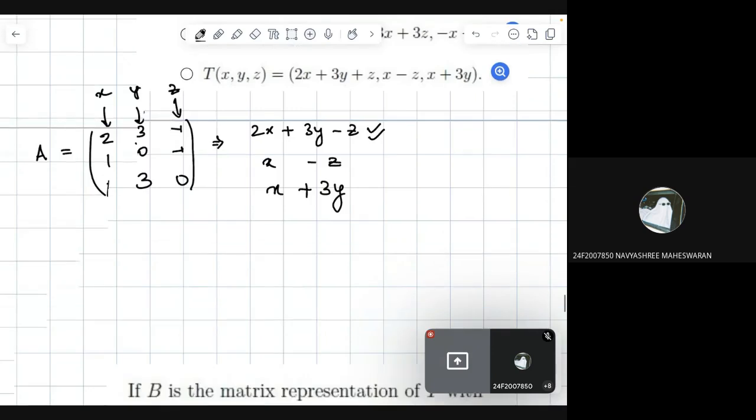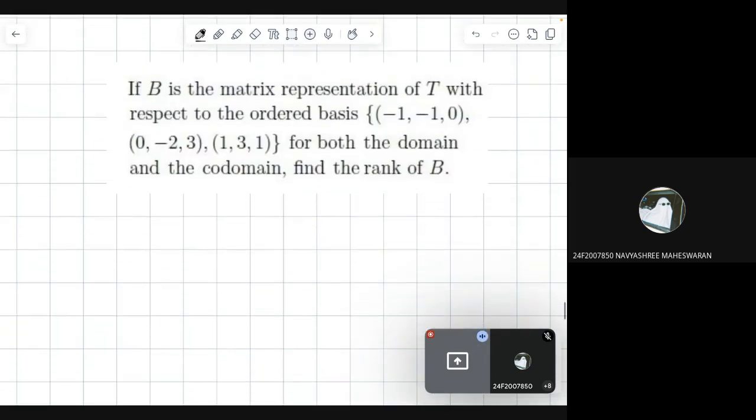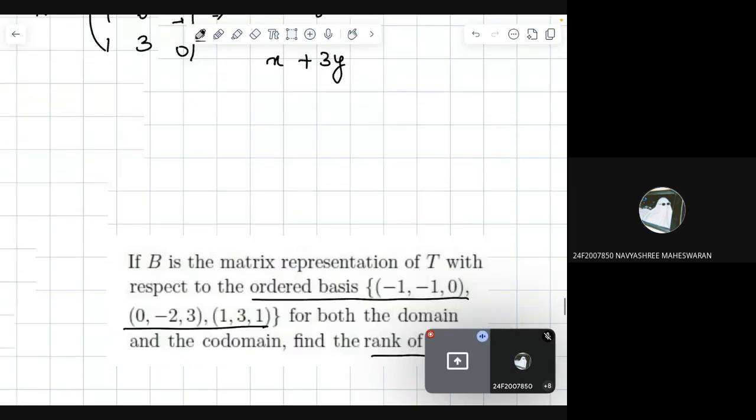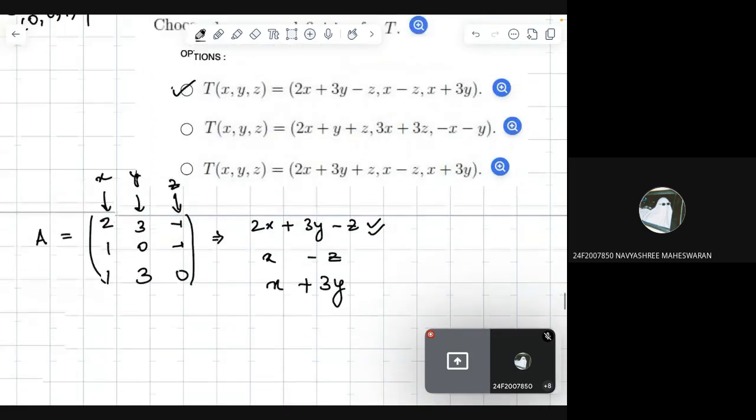Now we go to the next part. The next part says that if B is the matrix representation of T with respect to the ordered basis, we have been given the ordered basis as this, and we have to find the rank of B. To find the rank of B, first we have to calculate the matrix B, right? We have just found the transformation here.